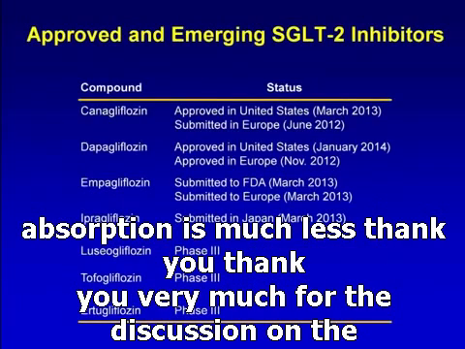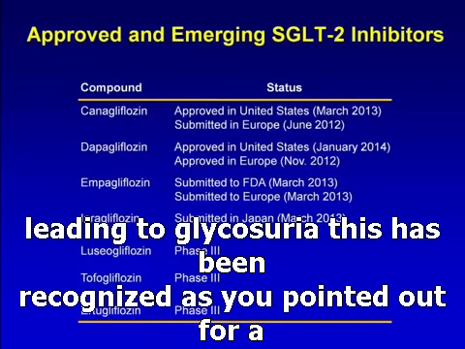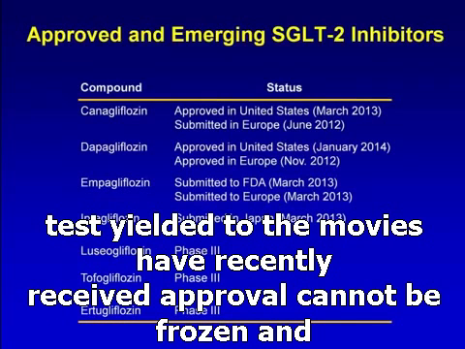Thank you, Saras. Thank you very much for that discussion on the background about SGLT2 inhibition moving the renal threshold downwards, leading to glycosuria. This has been recognized, as you pointed out, for a while and has led to the development of a number of drugs that inhibit SGLT2.